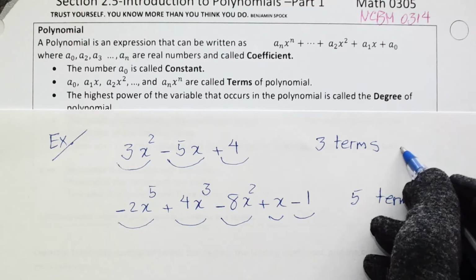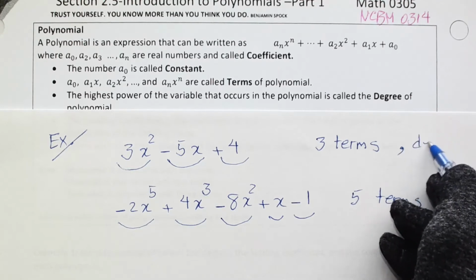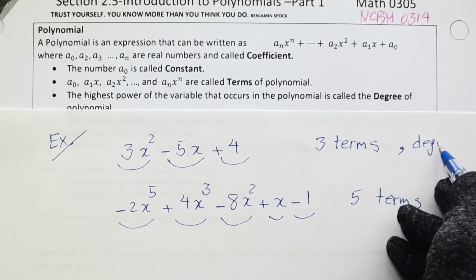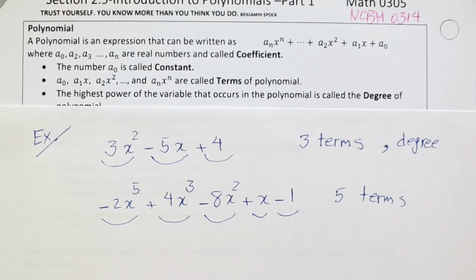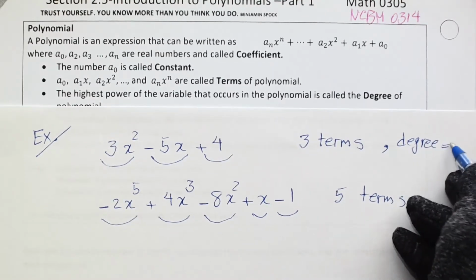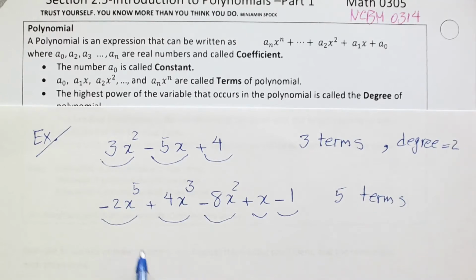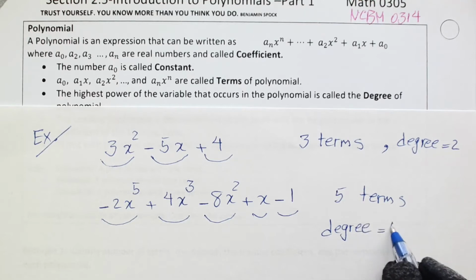So we say the degree of this polynomial is 2. In the second example, 5 is the highest power of x. So the degree of the polynomial is 5.